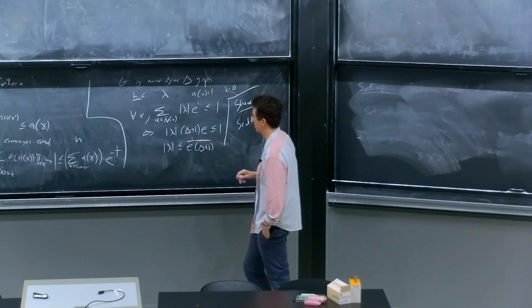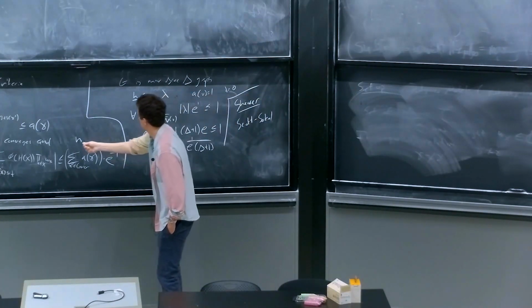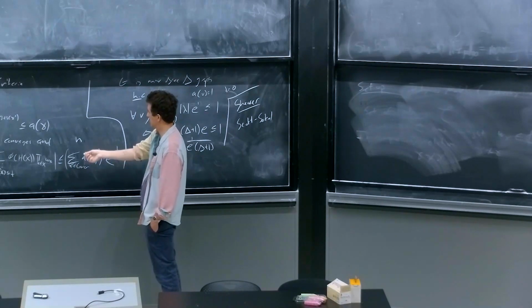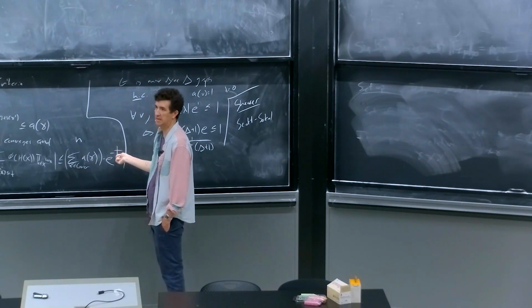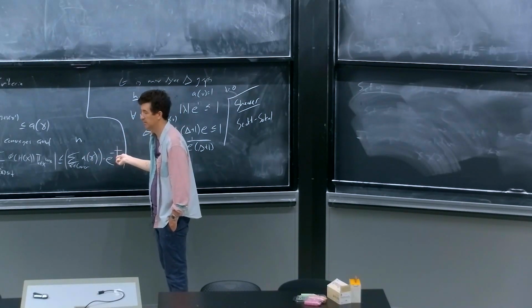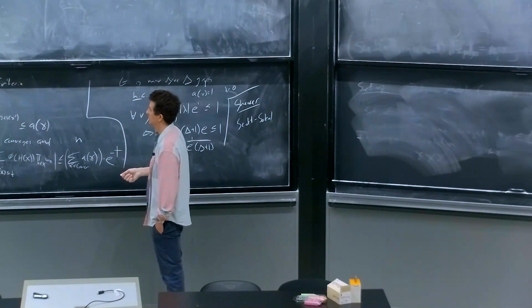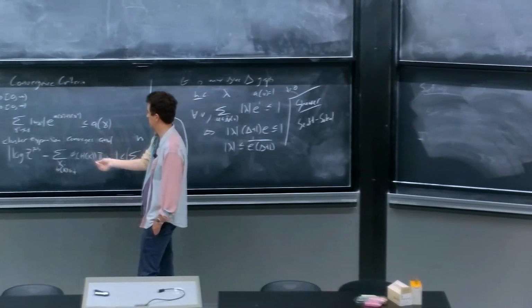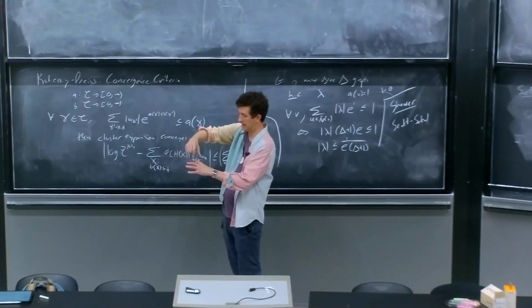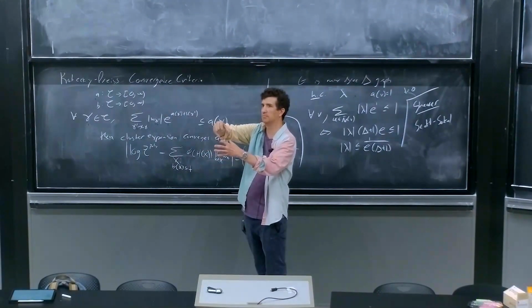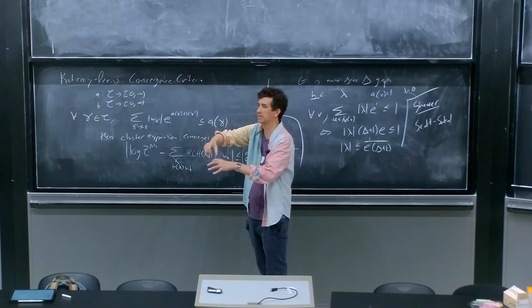Let me also remark. Like I said, you should think of this as n. And so if you want this to be small, you want t to be logarithmic in n. Now, a very crucial fact is that these clusters are groups of connected objects.